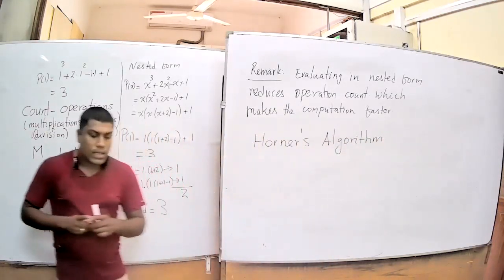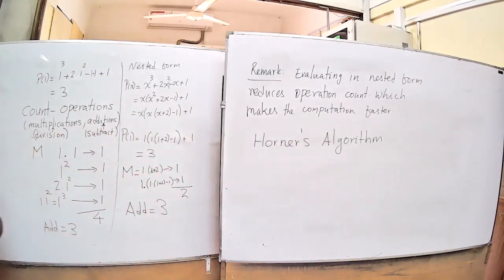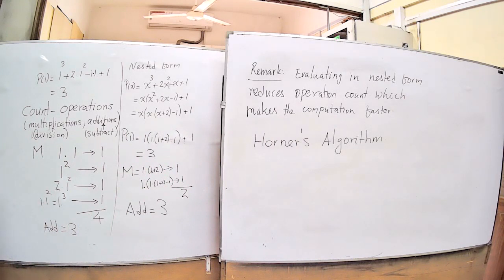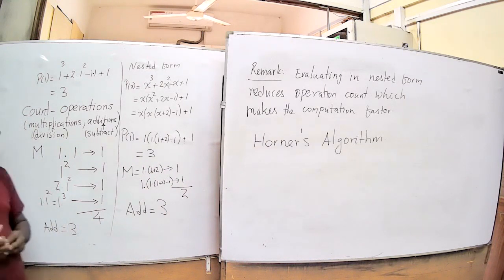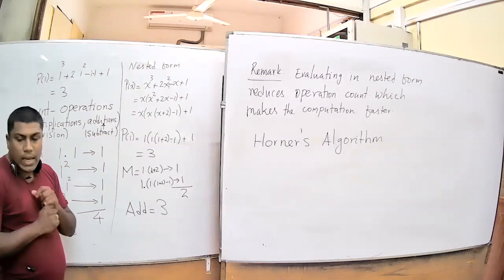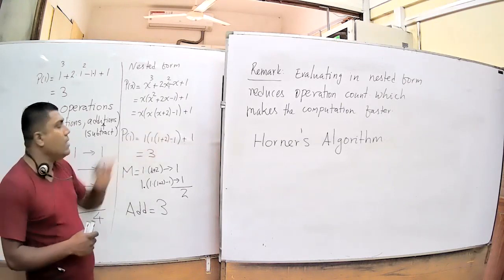So Horner's algorithm is a mechanism which is used to evaluate a polynomial. Basically, this algorithm helps you to evaluate a polynomial in a nested form.